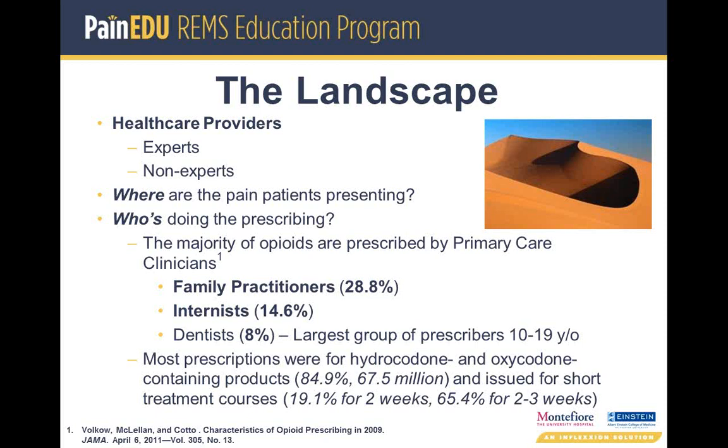The vast majority of prescriptions were for hydrocodone and oxycodone containing products, and they were issued basically for acute pain conditions rather than chronic pain conditions. This data came out in JAMA back in 2011 by lead author Nora Volkow, who is the director of the NIDA program at the National Institutes of Health.